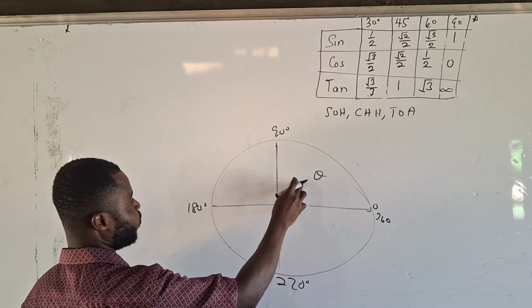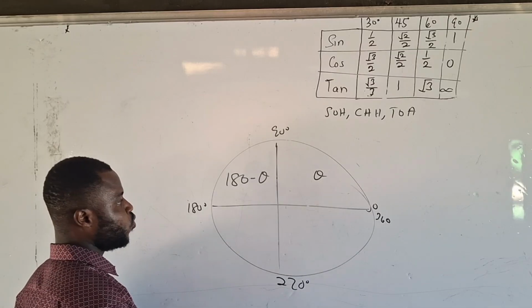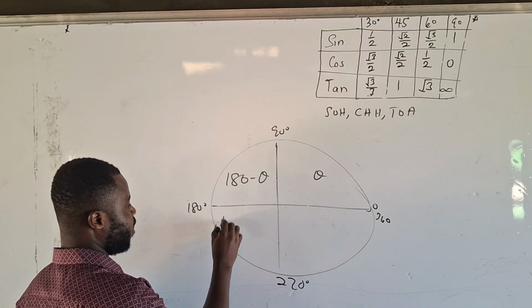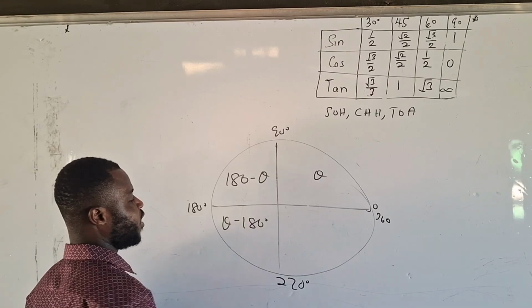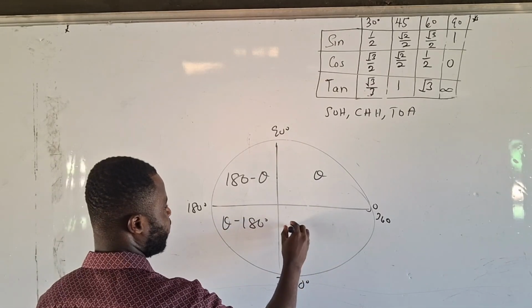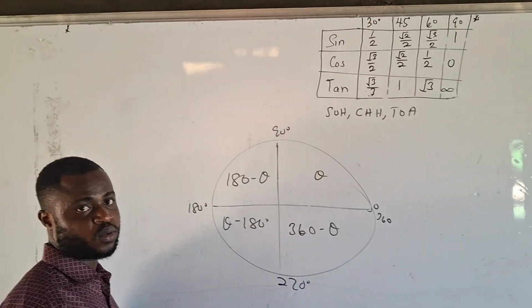So this side is 180 minus any angle given to you. And here too is the angle minus 180 if the angle falls within the third quadrant. And here it is 360 minus any angle given to you.